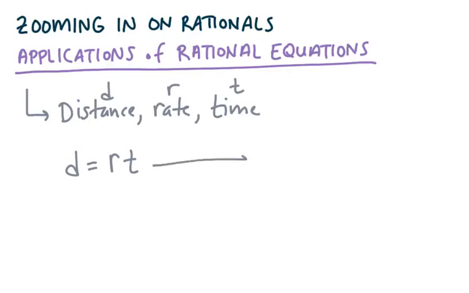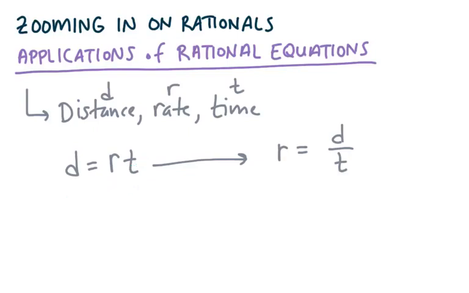If I divide distance equals rate times time by time on both sides, I'll find that rate is equal to distance over time. All I did was divide both sides by time, which canceled out time on one side, left rate by itself, and now rate is equal to distance divided by time. So that could be handy.